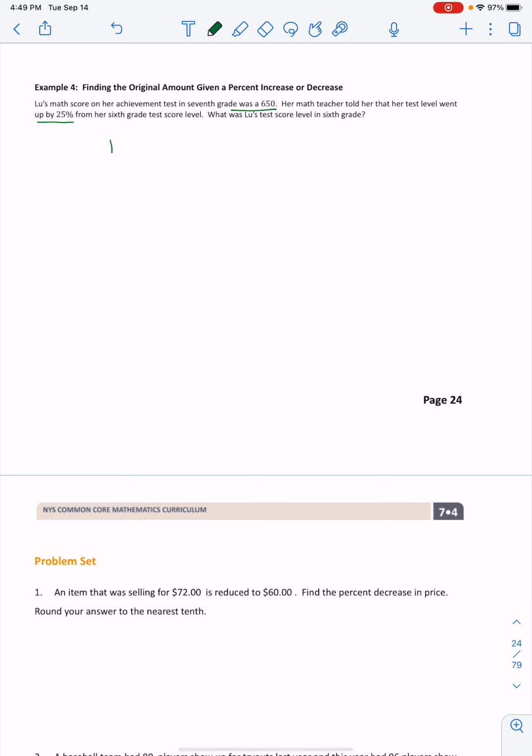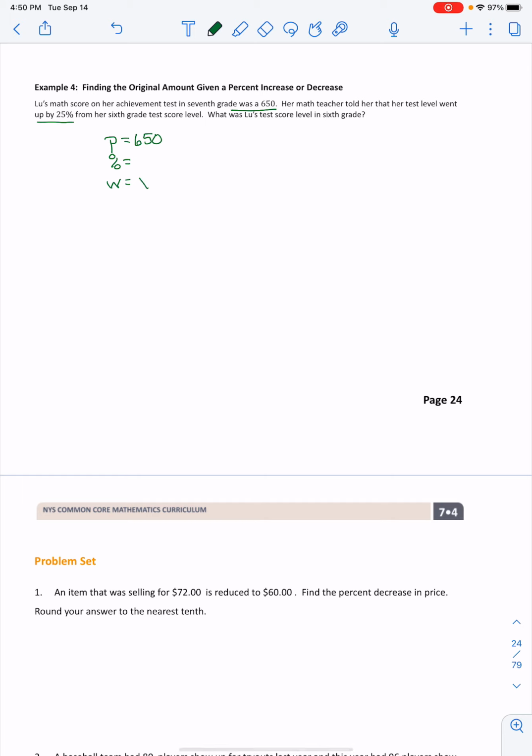Well, we have P, percent, and W. Well, 6th grade would be her original score, because now in 7th grade, it's 650. So P is 650.